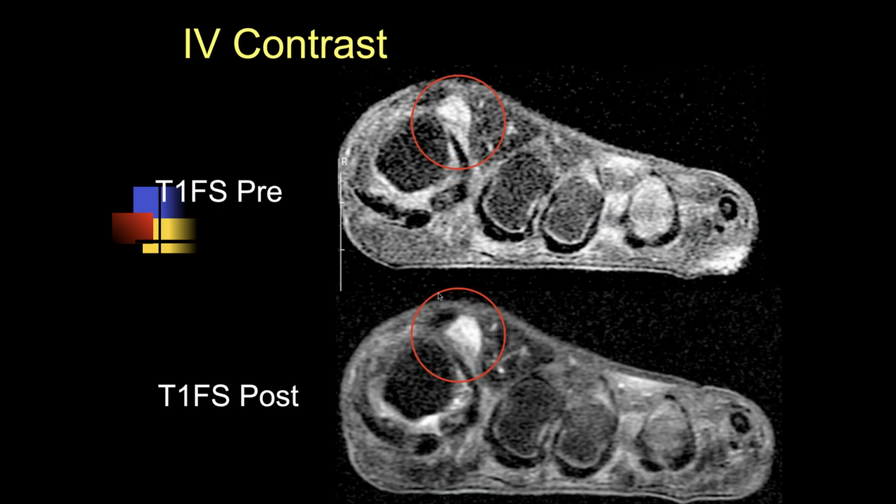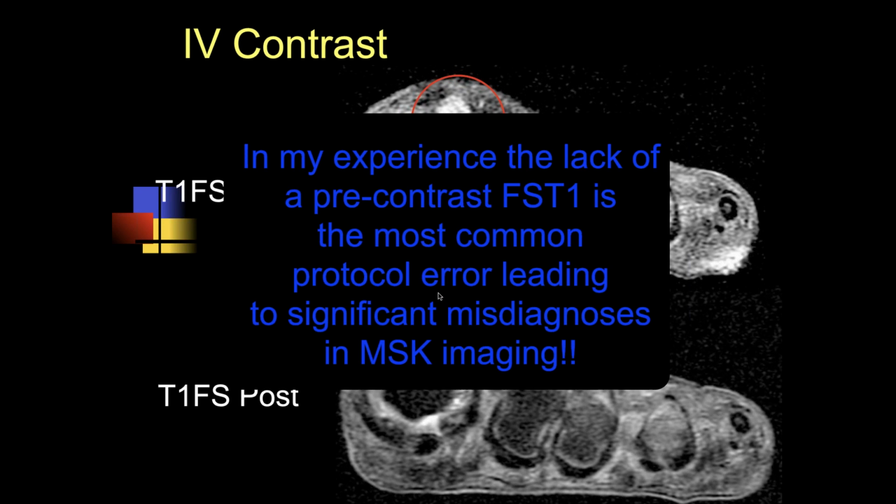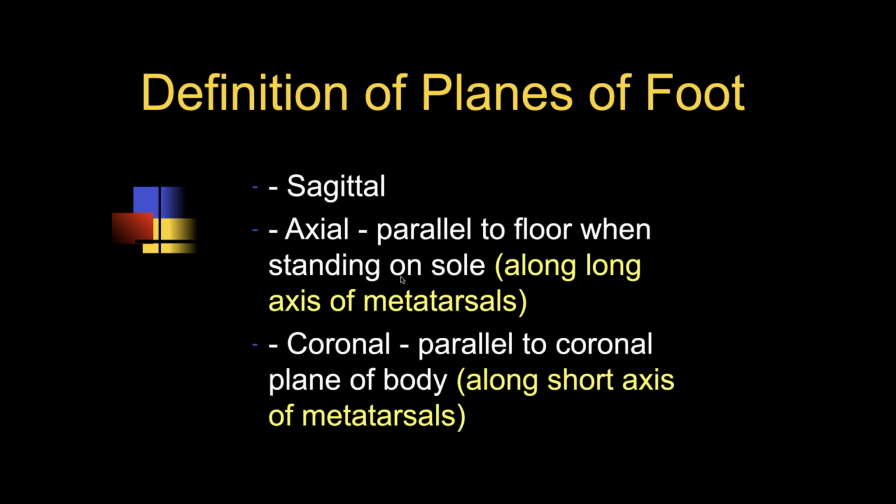Okay, well, thanks. So that's just a high protein content cyst. Another big problem in the foot and ankle that I see all the time are definitions of the plane of the foot. There's no problem with the sagittal plane, but where there's a problem is the axial and coronal planes.